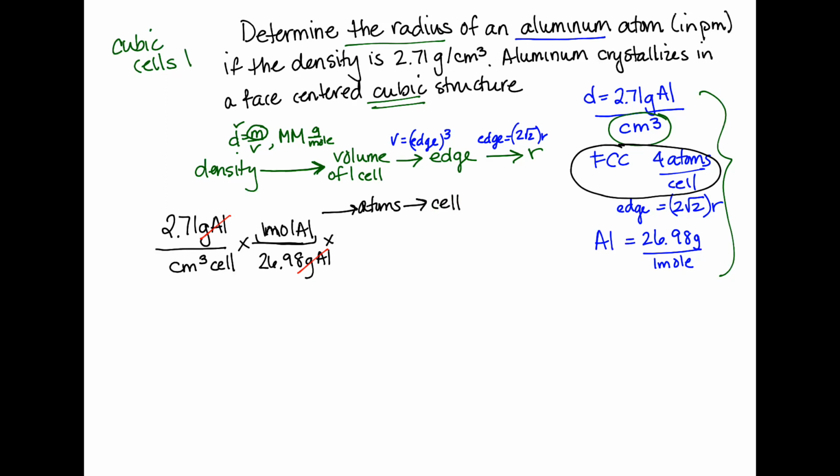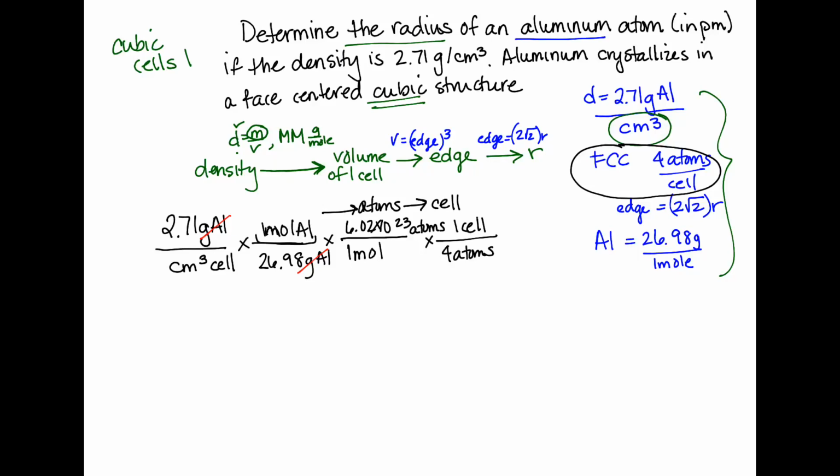So to get from moles to atoms, we're going to use a unit we haven't used in a little while, Avogadro's number. 1 mole is 6.02 times 10 to the 23 atoms. And then to get from atoms to cell, I can use the fact that it's face-centered cubic. In face-centered cubic, there are 4 atoms for every 1 cell.